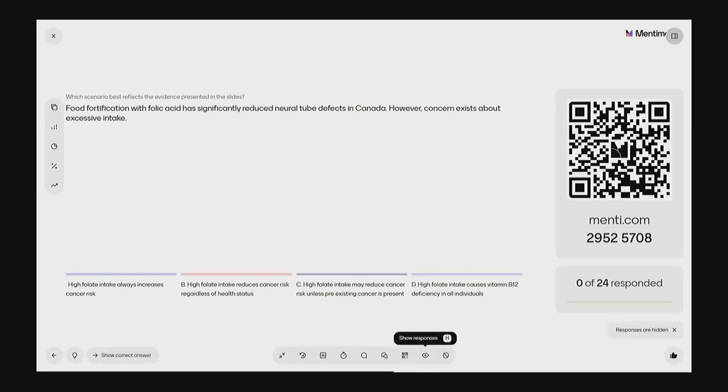Okay, so let's look at this question. Food fortification with folic acid has significantly reduced neural tube defects in Canada. However, concern exists about excessive intake. Which scenario best reflects the evidence presented from yesterday?